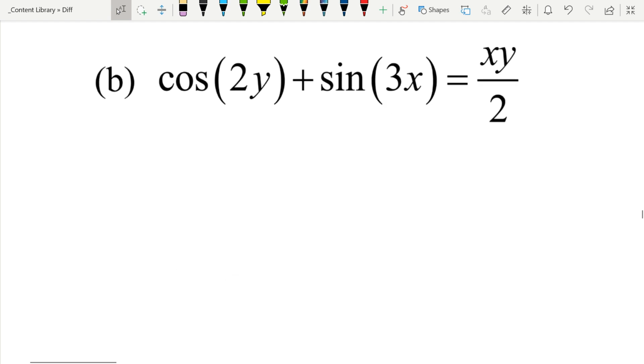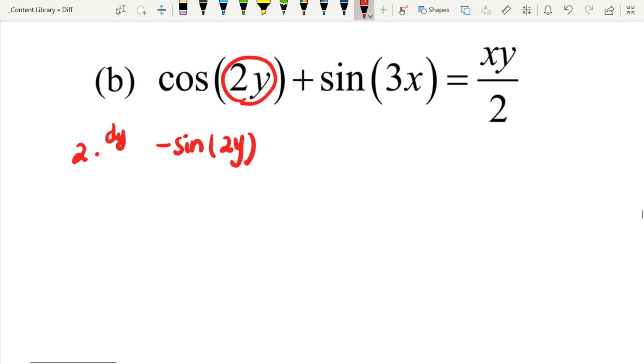So it's minus sine of 2y. But you also need to differentiate the 2y. So you also need to differentiate g dash x times minus sine of gx. So you also need to differentiate that part. That's 2 times dy dx.